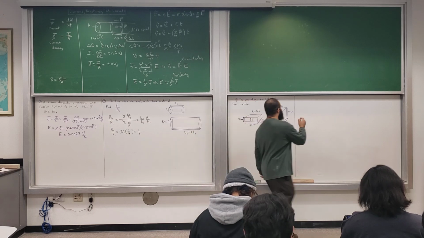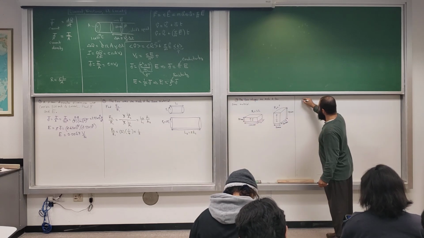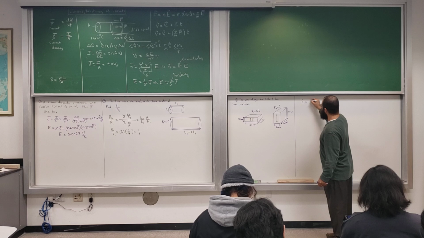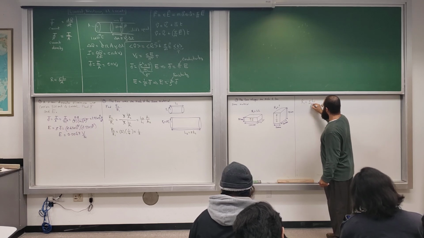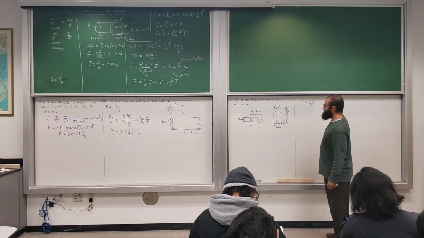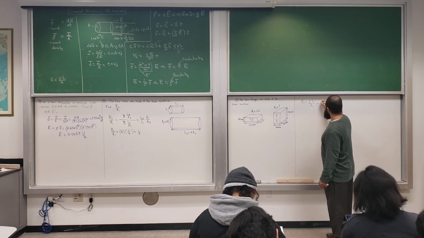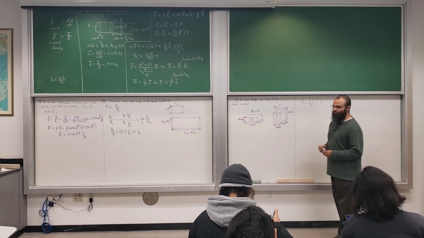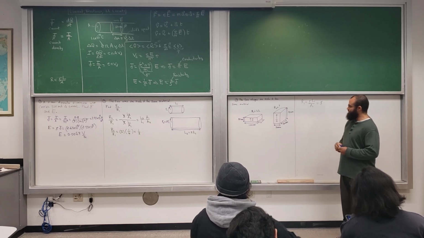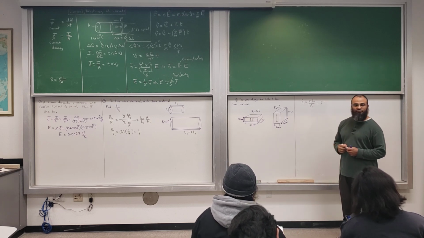R1 is going to be rho times L1 over area 1, right? What's the length of this resistance, R1?